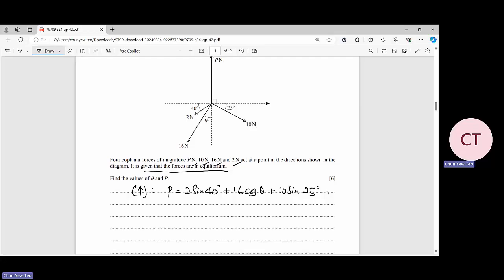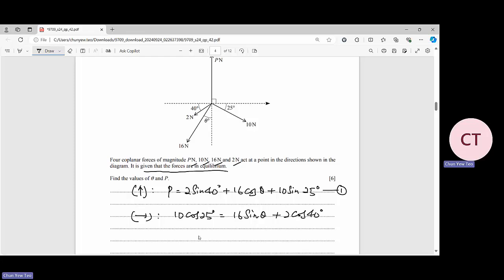Okay, so this is equation number 1. Then resolve the forces horizontally. I have 10 cos 25 equals 16 sine theta plus 2 cos 40.